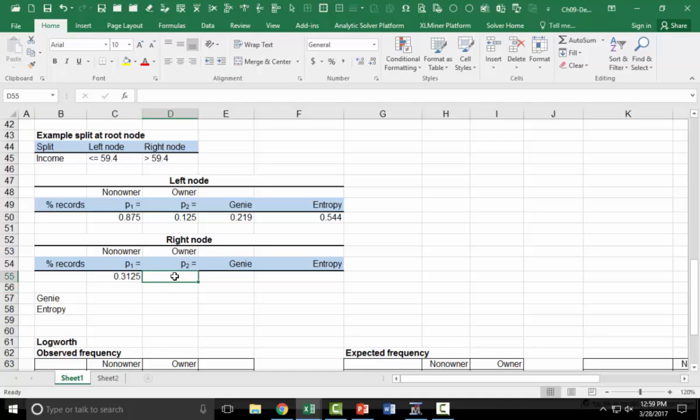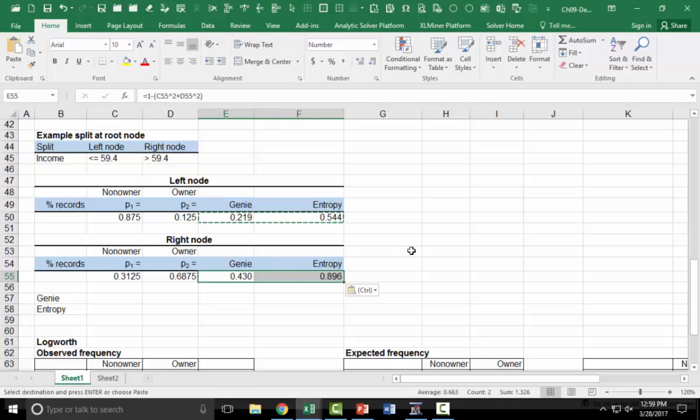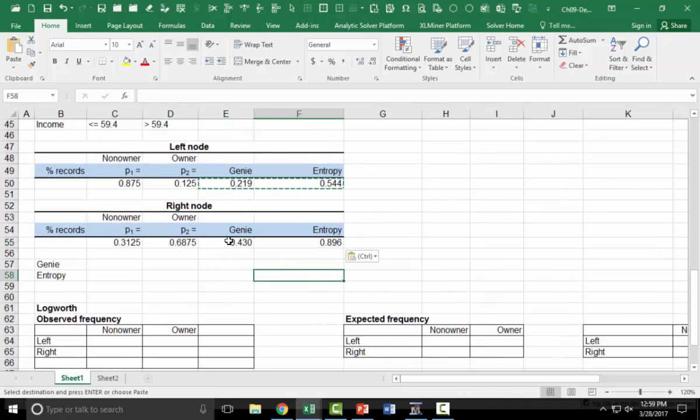Okay, so the owner proportion will be 1 minus that, and once again we can copy these two cells in here. So that will give us the Gini index and entropy of the second node.